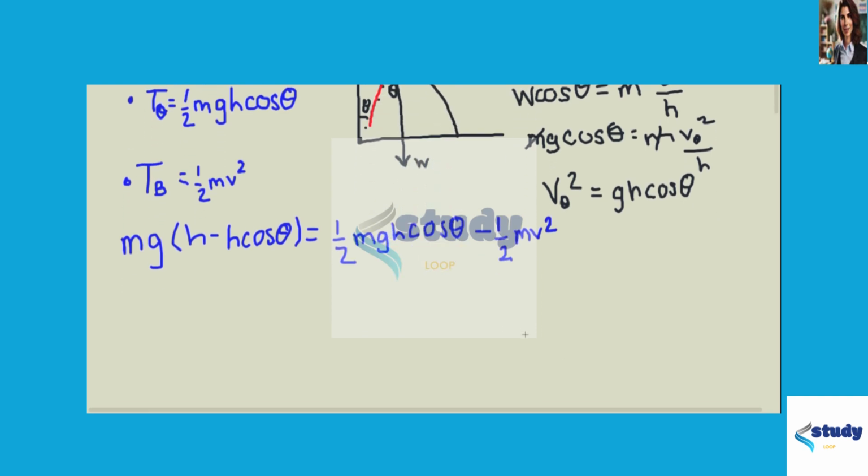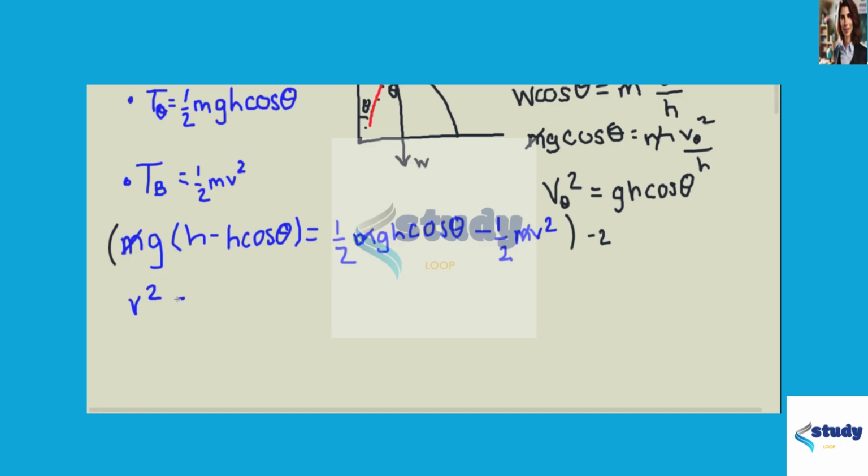So I'm going to go ahead and cancel out our mass. And I'm also going to multiply this whole thing by -2 to get everything positive and to get rid of these fractions. I'm also going to move this v squared to the left side because that's what we are solving for.